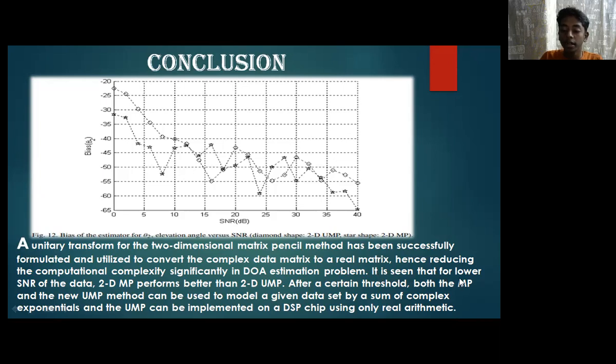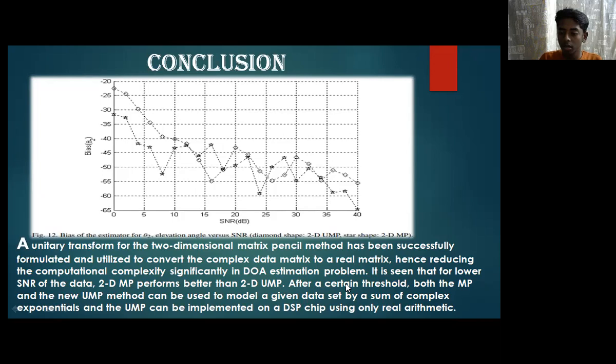It is seen that at lower SNR of the data, the 2D matrix pencil performs better than the 2D unitary matrix pencil.